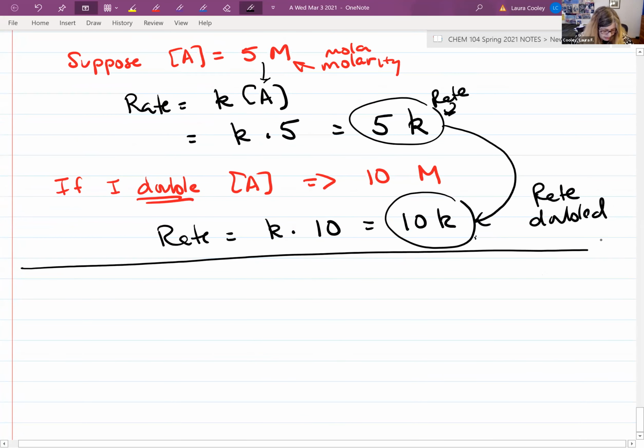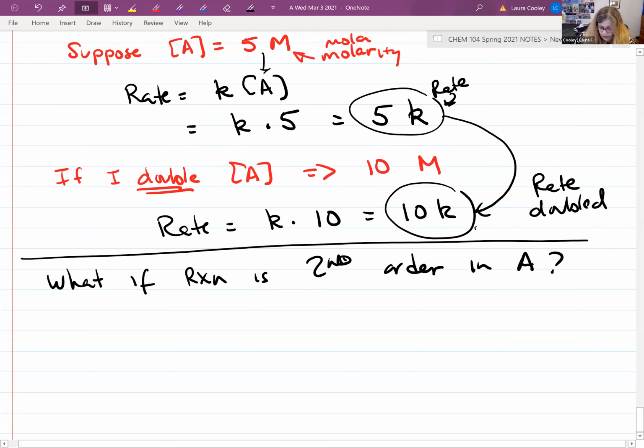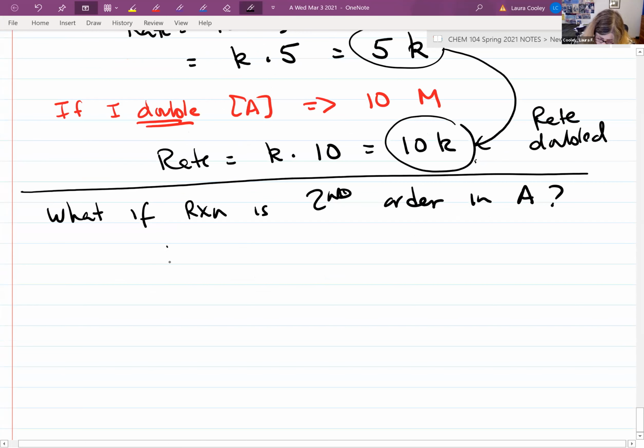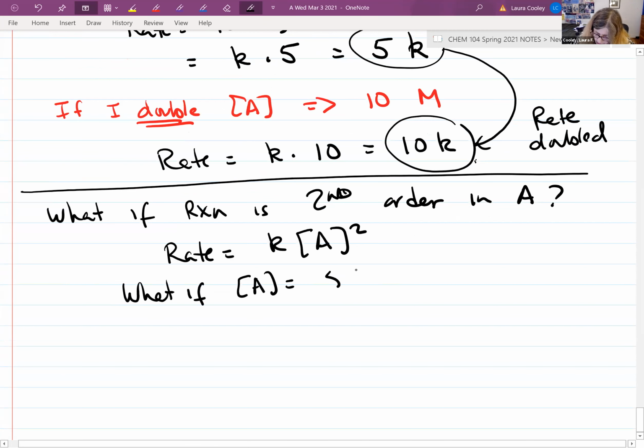Okay, but now let's do the next level up. What if the reaction is second order in A? That means the rate is K times the square of A. And suppose again the concentration of A is 5 molar.